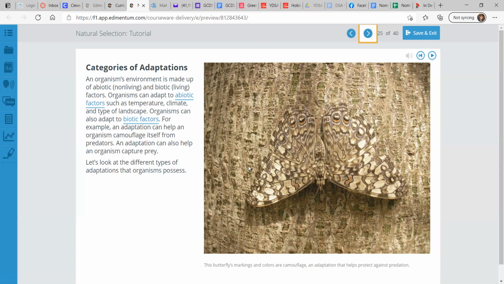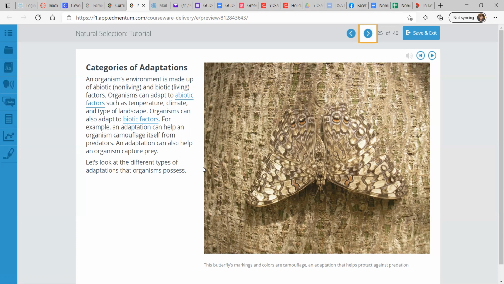Organisms can also adapt to biotic factors. And those factors can be an adaptation that can help an organism camouflage itself from predators. An adaptation can also help an organism capture prey. So whether they're a species that hunts other animals or they're an animal hunted by larger animals, adaptations can help them achieve what they need to.